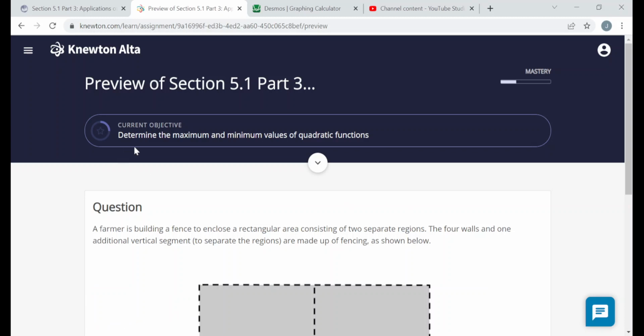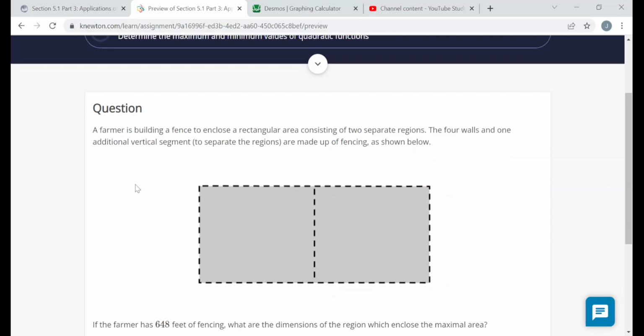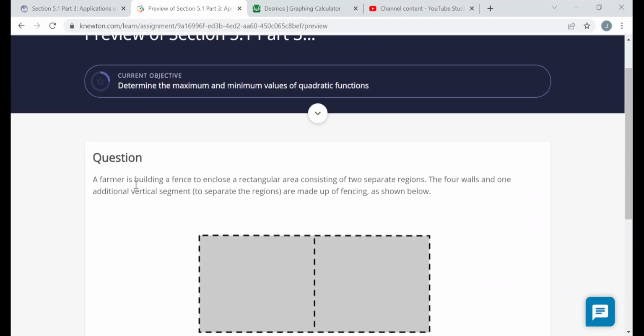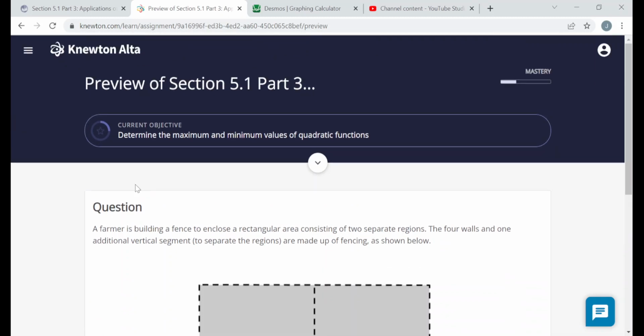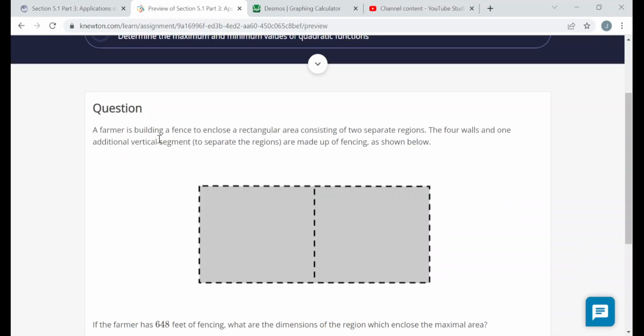Alright, so back to some word problems. It looks like this one involves rectangles again. Remember, the area is length times width. So here a farmer is building a fence to enclose a rectangular area consisting of 2 separate regions. So these 2 regions here.